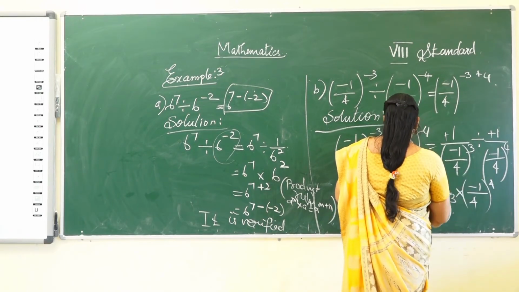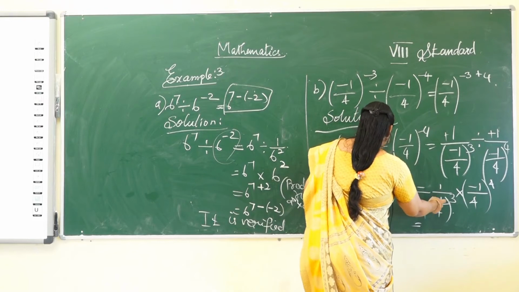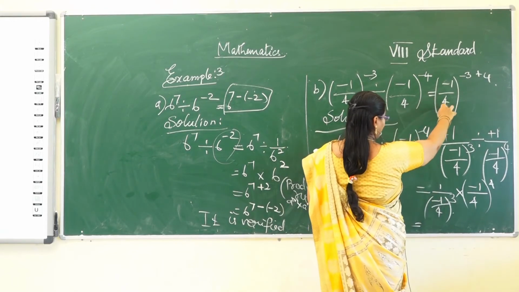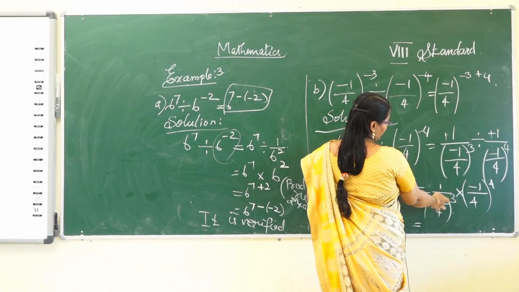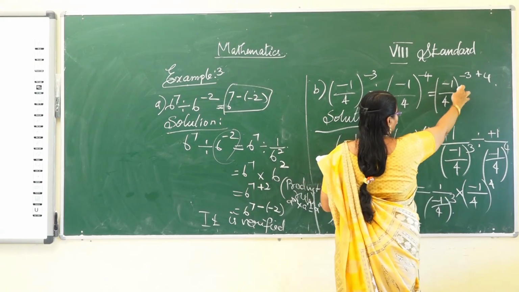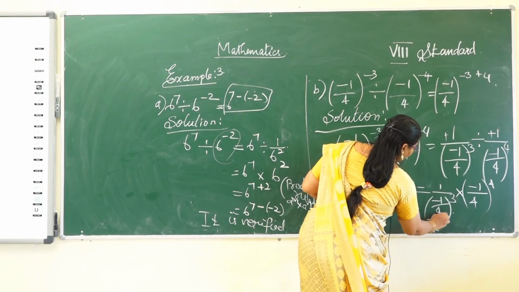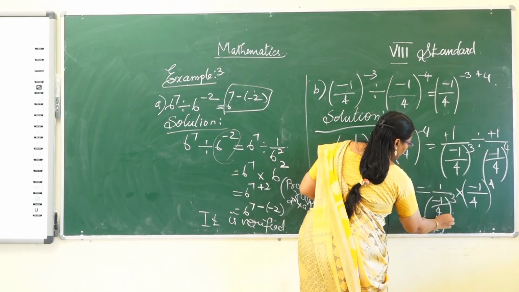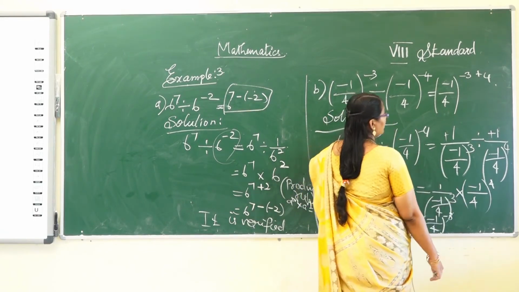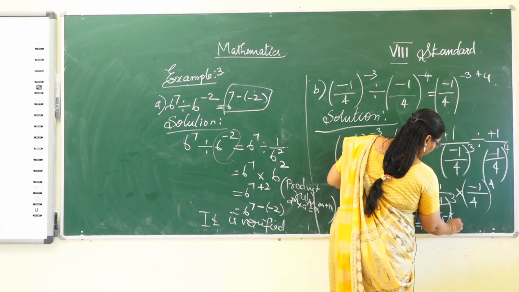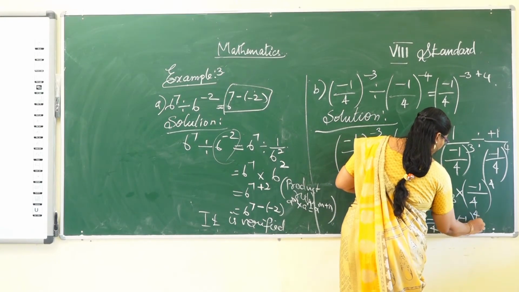Now it cancels. What do we get? It can also be written in the form of (-1/4)^-3, moving to the reciprocal, and then (-1/4)^4 is already there.